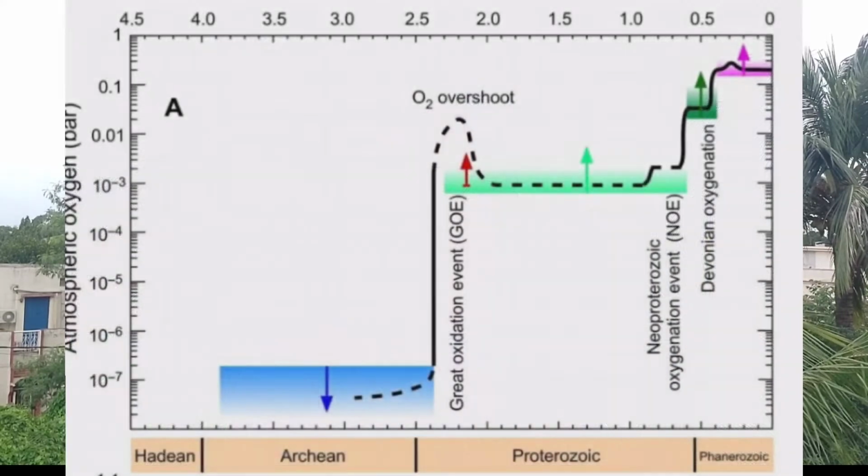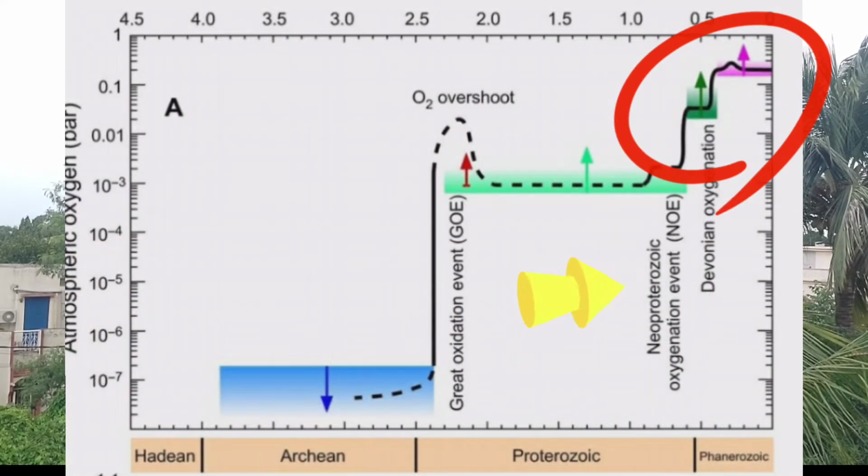Before that, something happened on the earth which resulted in a change in the atmosphere that made it suitable for the diversification of life. And there was a second oxidation event that is called the Neoproterozoic Oxygenation Event, NOE, that resulted in a second spike in oxygen concentration in the atmosphere that built the current atmospheric oxygen level, that is 21%.